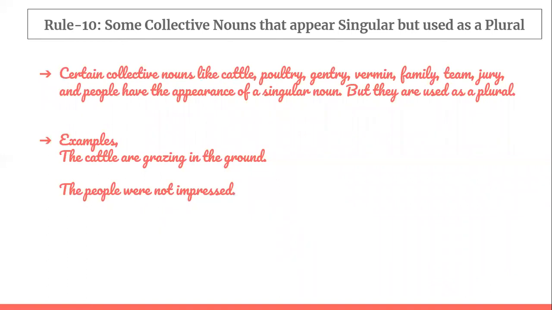When you say people, you're not talking of one person, because that is person. People itself is a plural noun. Cattle over here, we are not talking of a single cow. Cattle becomes a collective noun. This collective noun appears singular, but it is always used as a plural.